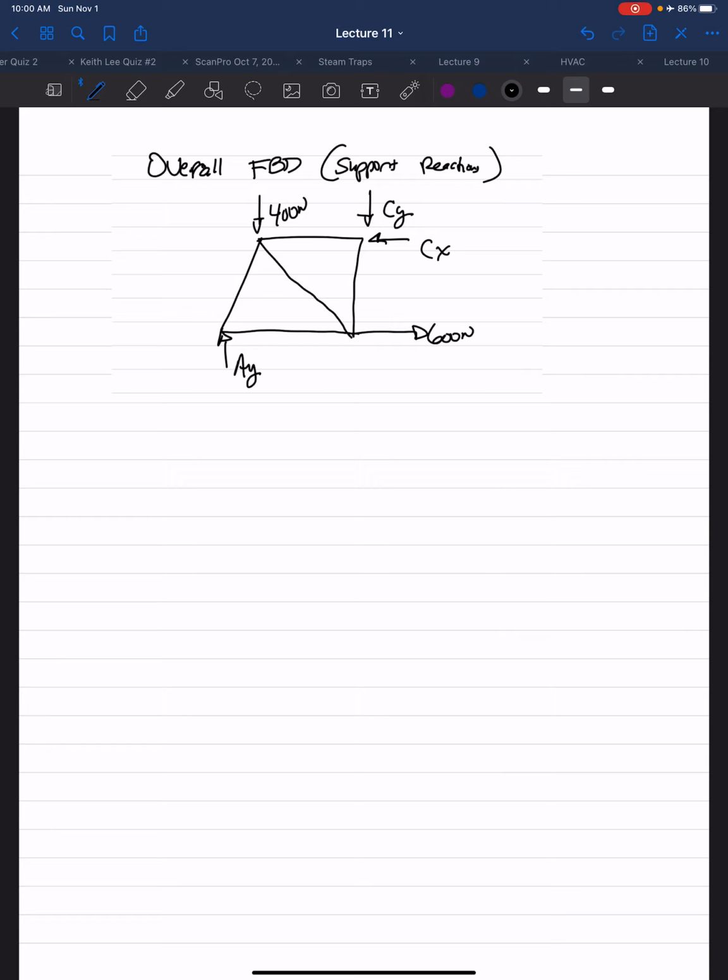Okay, so let's get to work. If we remember, this is our overall free body diagram. Chapter 4 work, which is what we're doing now.